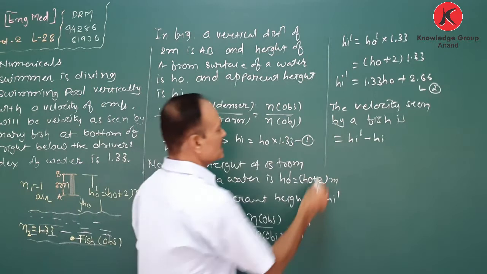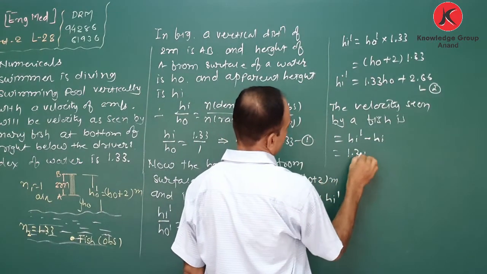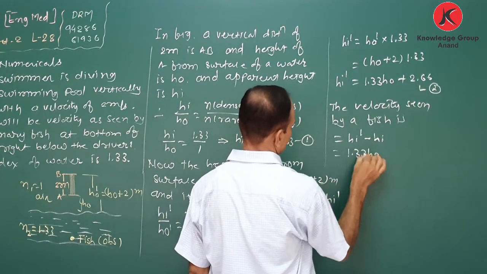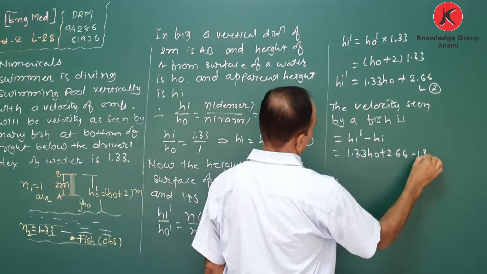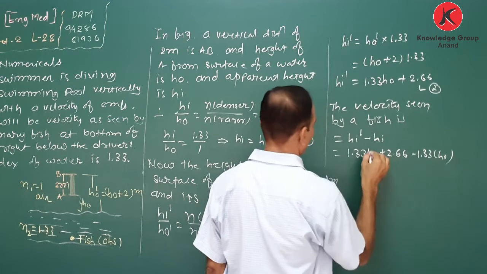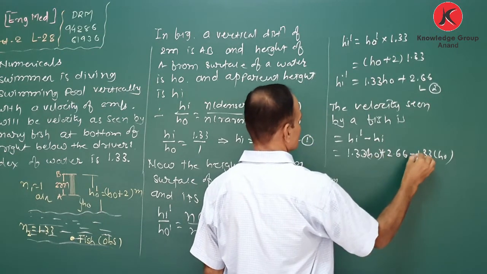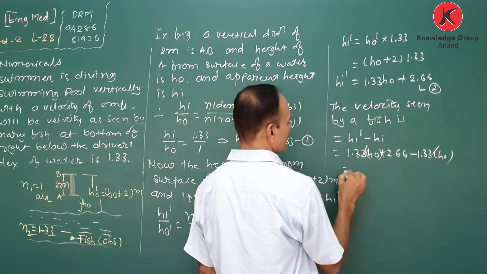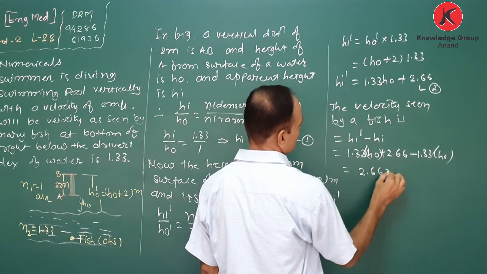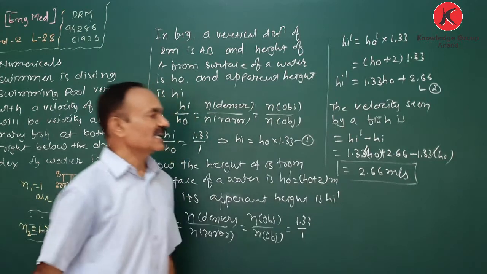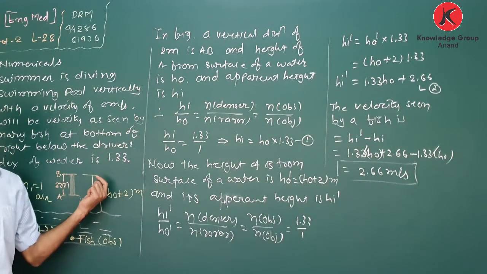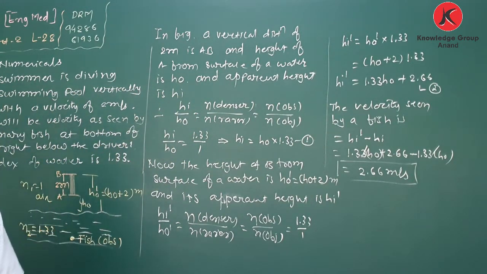HI dash is 1.33 HO plus 2.66, minus 1.33 HO. So that is cancelled. Therefore, 2.66 meters per second. That is the speed of the diver experienced by the fish in the swimming pool.